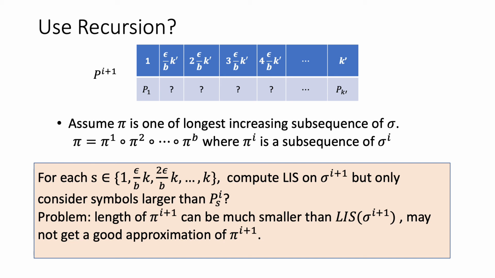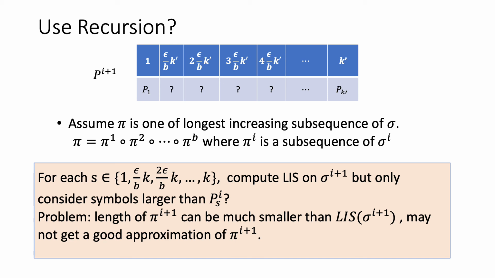For analysis, assume pi is one of the longest increasing subsequences of sigma, and pi can be divided into b blocks, such that pi_i is a subsequence of sigma_i. To compute pi_{i+1}, a natural idea is that for every s less than k that is a multiple of epsilon over b times k, we compute the longest increasing subsequence in sigma_{i+1}, but only consider symbols larger than the corresponding symbols in pi.